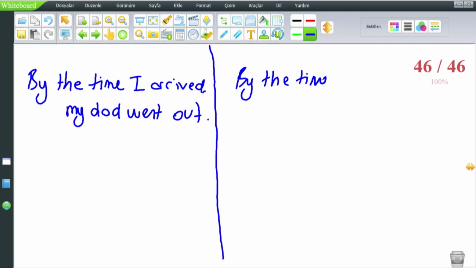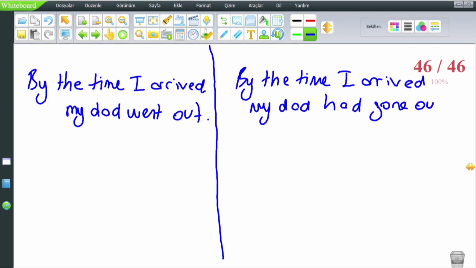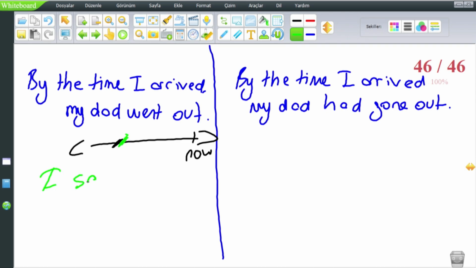By the time I arrived, my dad had gone out. Now, in these two sentences, actually, there's a huge difference. Because in the first, they almost happened at the same time. I arrived here and my dad left here. So I saw my dad.